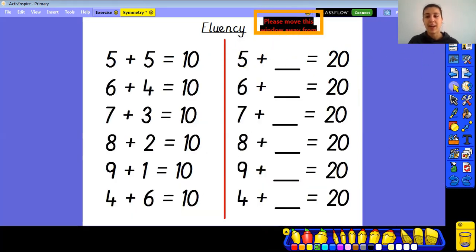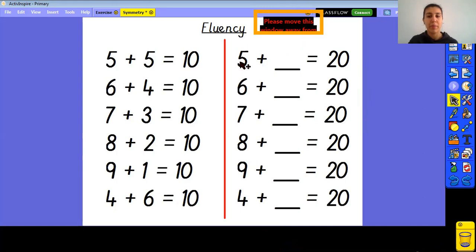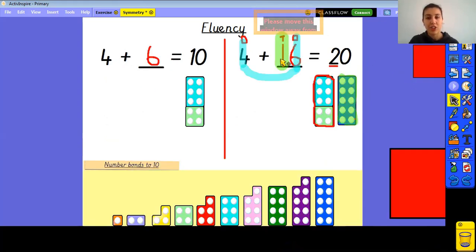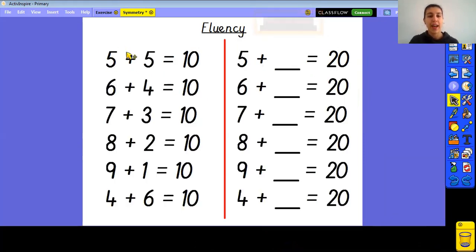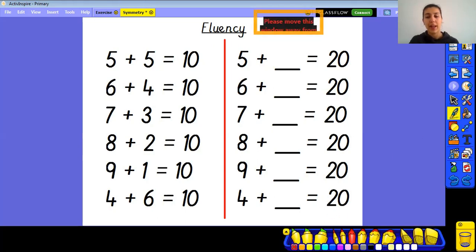So when we are starting with a single digit number and I'm trying to make 20, you might notice that the second addend must also have our additional 10 here. So if I know that 5 plus 5 equals 10, well then 5 plus something to equal 20, I know that 5 plus 5 would give me 10, but I need to make 20, which is 2 tens, so my extra 10 goes here.